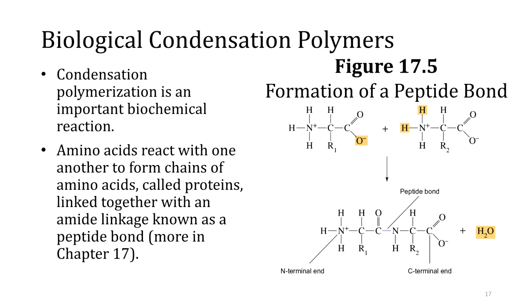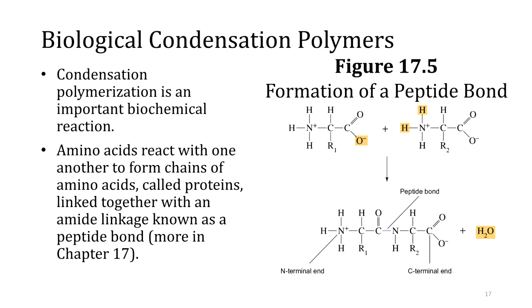This also occurs in biological systems where carboxylic acids react with amines, and this is how we form what we call peptide bonds, which are important for formation of proteins. So condensation polymerization is an important biochemical reaction. The carboxylic acid of one amino acid reacts with the amine on the other end.